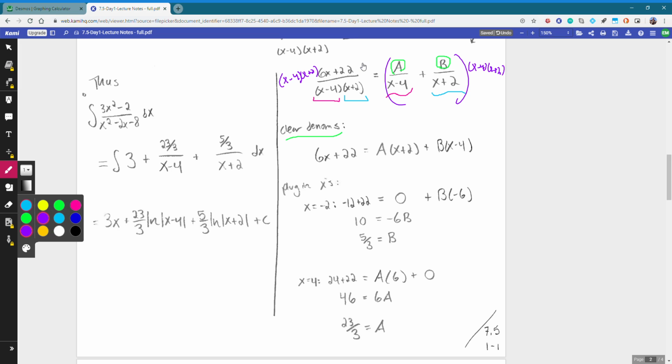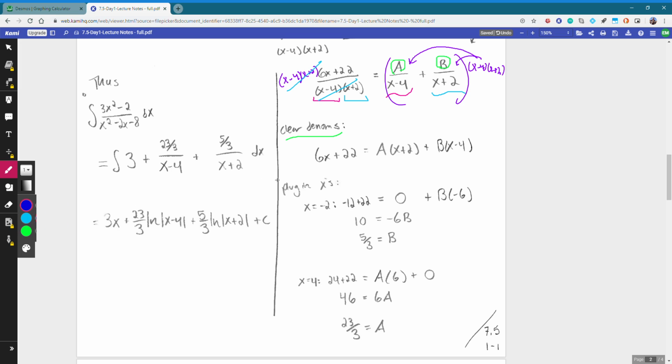On the left-hand side, the denominators will just disappear outright. And on the right-hand side, these will distribute to both terms, each one with something different canceling out with the denominator. And what we're left with is what we see here, A(x plus 2) plus B(x minus 4).